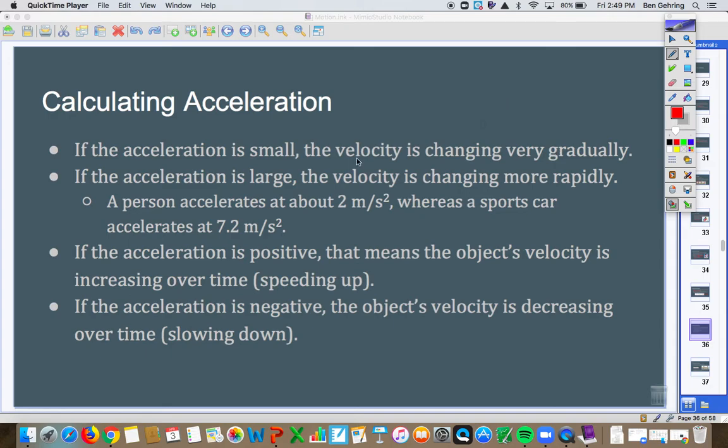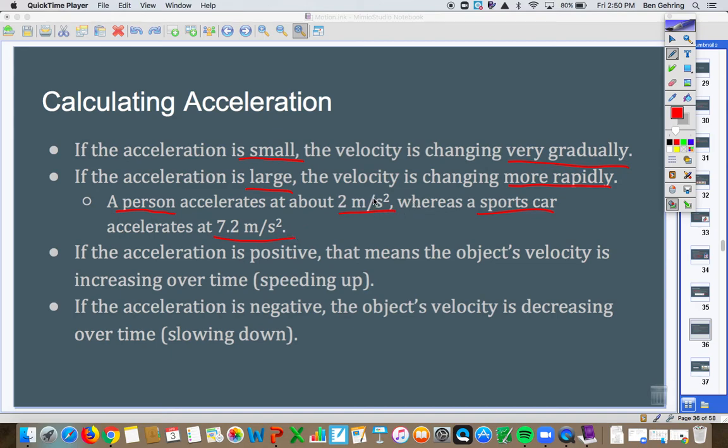So looking again at acceleration, if you have a very small acceleration, your velocity change is going to be very gradual. Hard to notice, maybe not noticeable at all, but it's very gradual. If your acceleration is large, your change is going to happen more rapidly, and this is typically a more noticeable change. For example, a person accelerates at a rate of 2 meters per second squared, whereas if you're in a sports car and you stomp on the gas pedal, you can accelerate up to 7.2 meters per second squared.